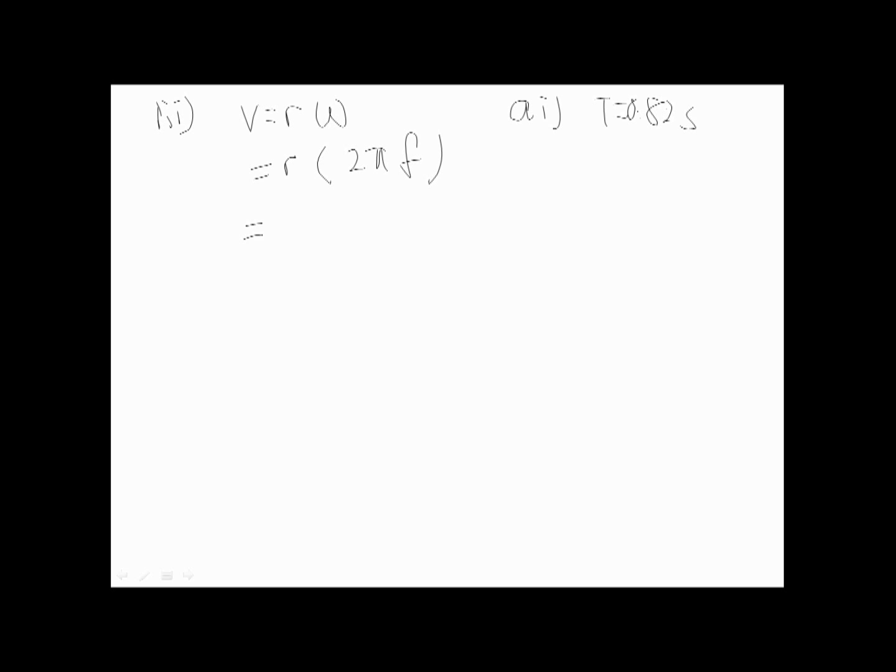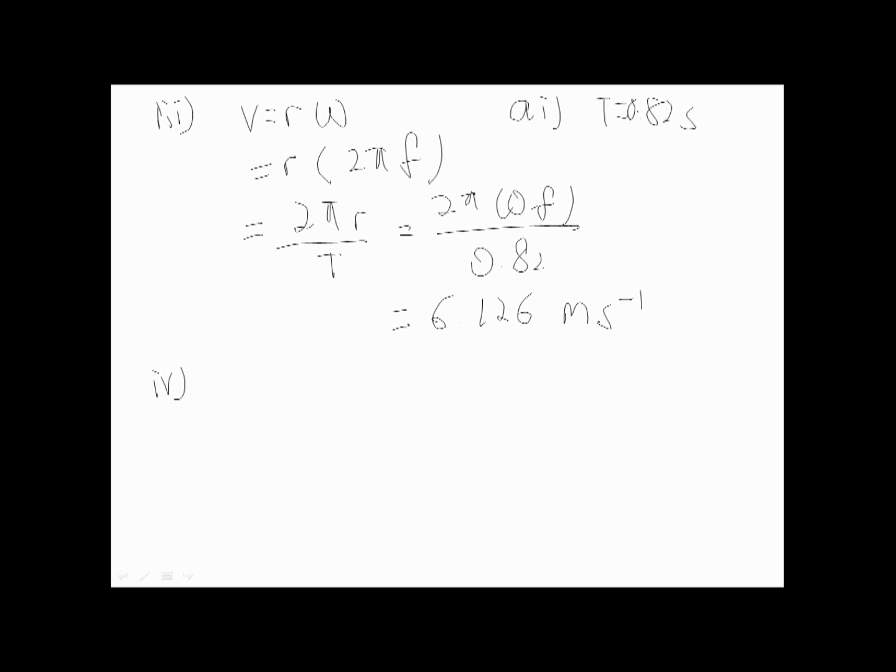So straight away we can convert it into this form: 2 pi times 0.8 divided by 0.82. You can use a calculator to calculate it and you will get your answer. The unit will be meter per second.